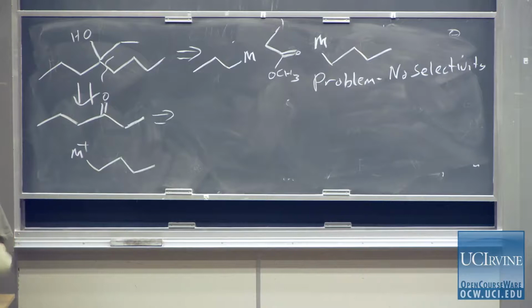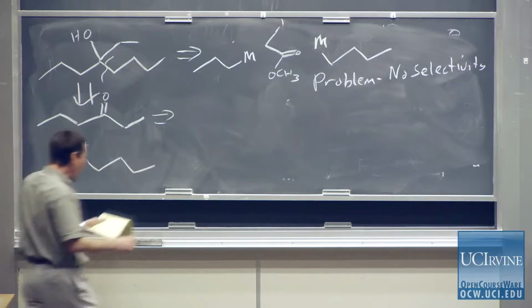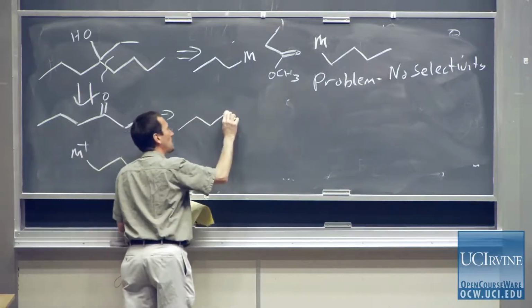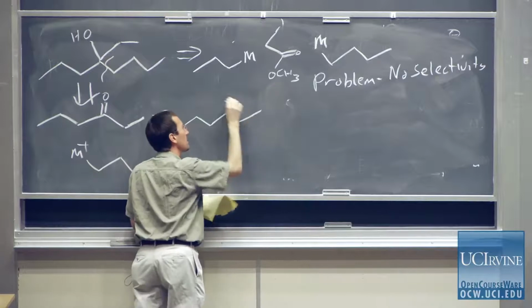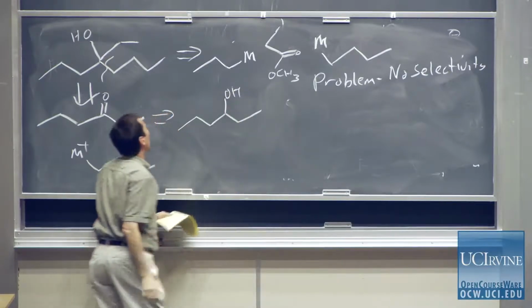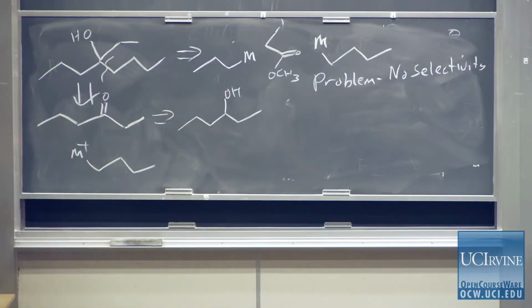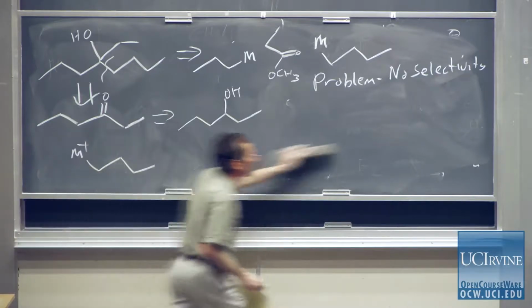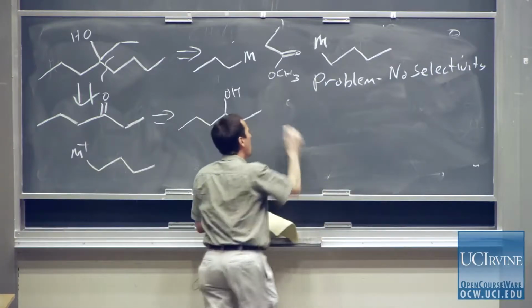We've only learned reactions that form carbon-carbon bonds to make alcohols at this point in this course. So I could imagine making that ketone by oxidation of the corresponding alcohol, 3-hexanol. Right now, I'm not going to worry which reagent to use, whether chromium trioxide or potassium chromate, whatever.